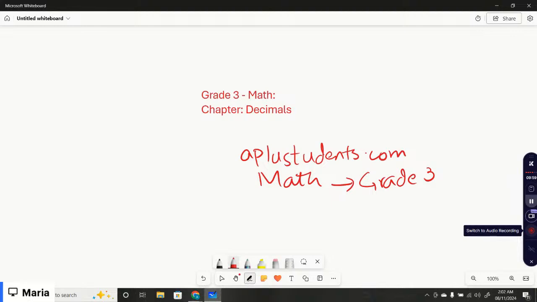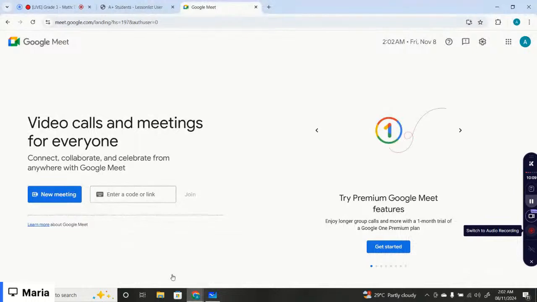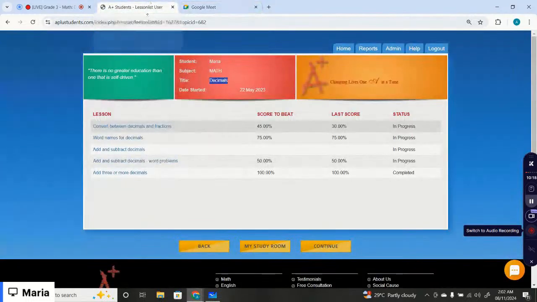Please make sure you have your notebook and pencil so that you can note down the important examples and definitions as well, right? Here I am on grade 3 math, and the chapter we are on right now is decimals.